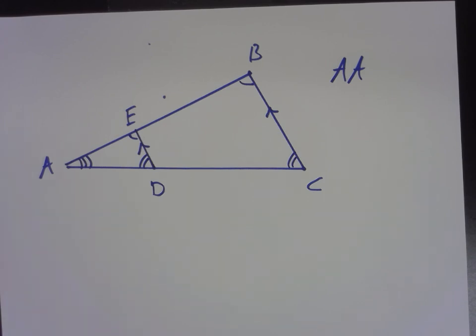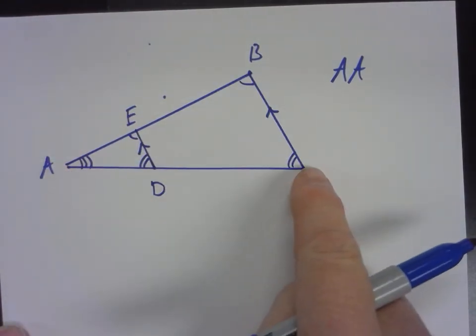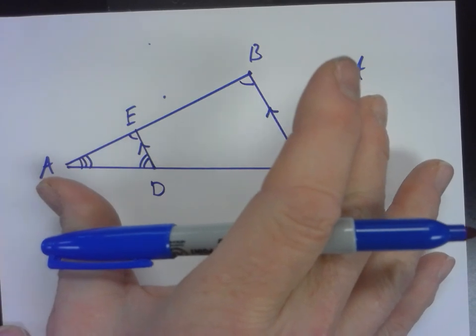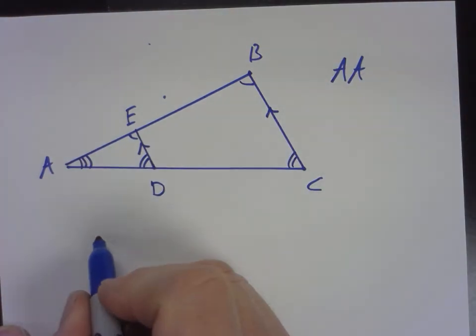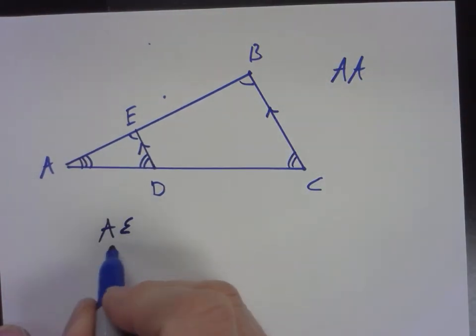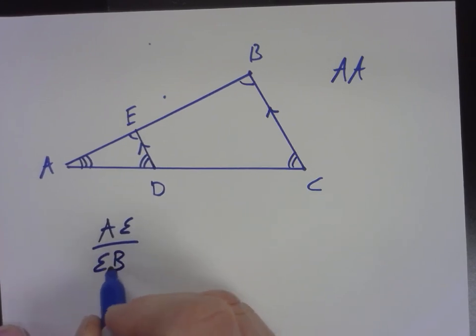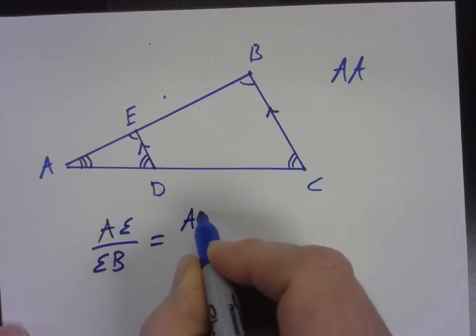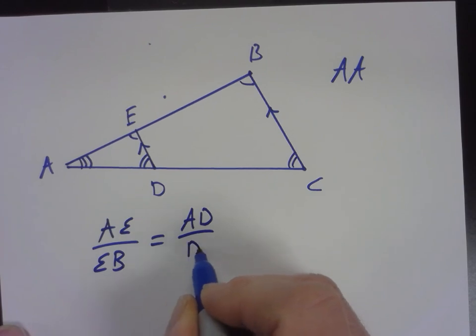Now, here's the thing. If a line parallel to one side, to any of the three sides of a triangle, intersects the other two sides, then it divides the two sides proportionally. Now, here's what that means for you guys. Not only does it create two similar triangles here, but AE over EB is going to equal AD over DC.